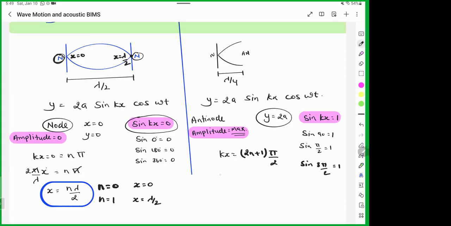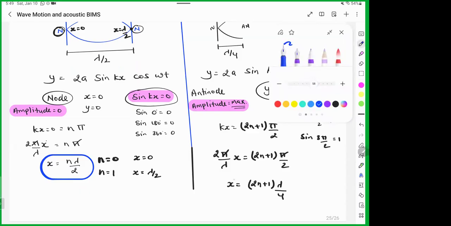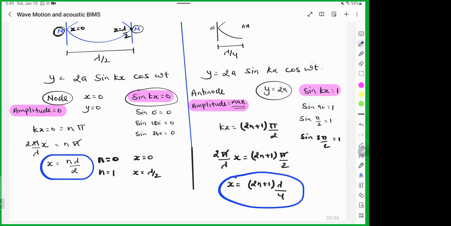Okay. What is the k formula? Pi cancel. What is the X value? X is equal to 2n plus 1 into lambda by 4. This is the difference between the two.